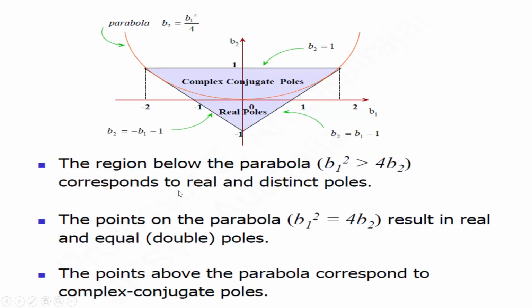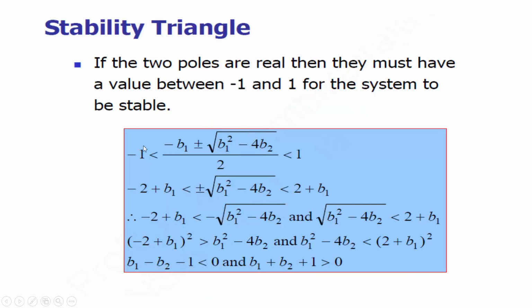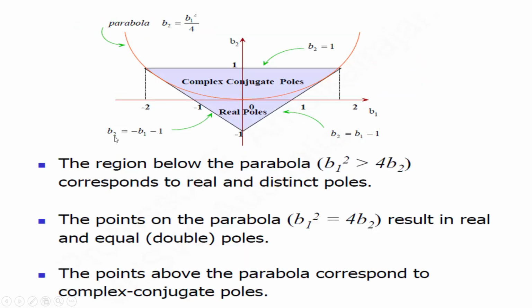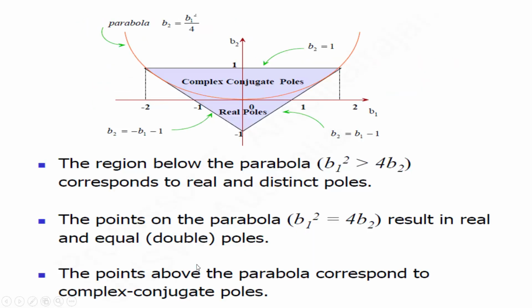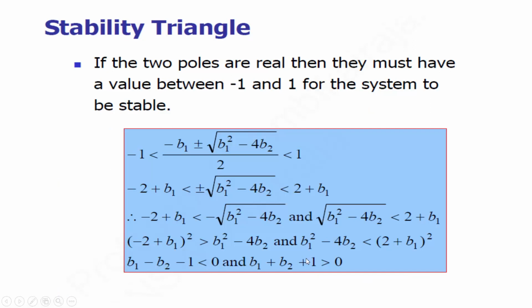You get two equations, and these are put like this. So b2 equal to minus b1 plus 1, b2 equal to minus b1 minus 1, because b2 is minus here. You get two boundary lines from here.